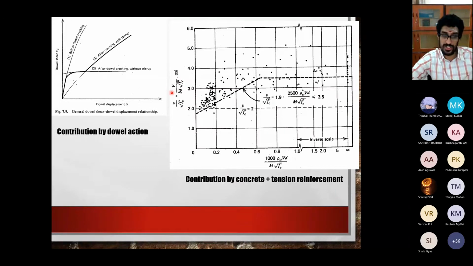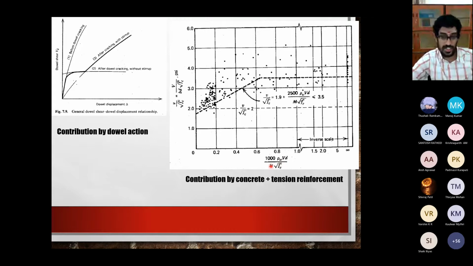This is a term which looks at your shear stress with respect to the strength of the concrete. That's why you have f'c; in our code book it is fck, in the ACI code book it is f'c. The below axis is rho w, the ratio of steel reinforcement.